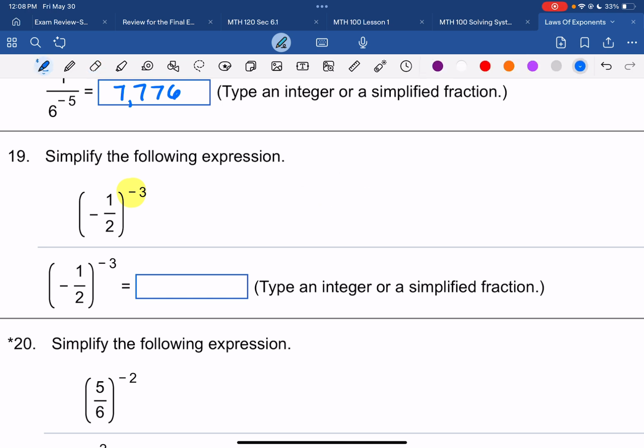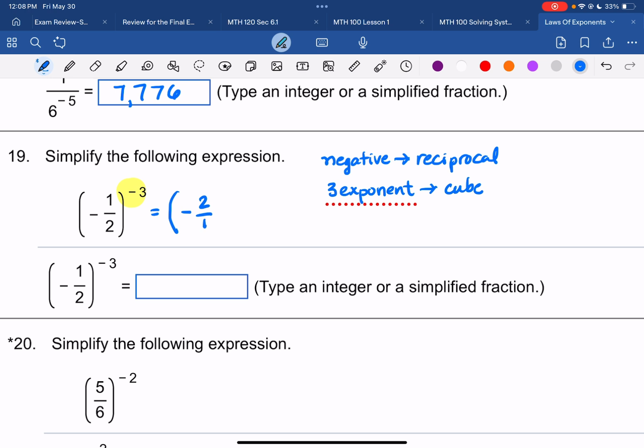So we've got a negative, and that means reciprocal. Remember, flip the base, right? And we've got a 3 exponent. That means to cube it. That's the shortcut way to say exponent 3. So I'm going to do the reciprocal first, and then I'm going to cube it.